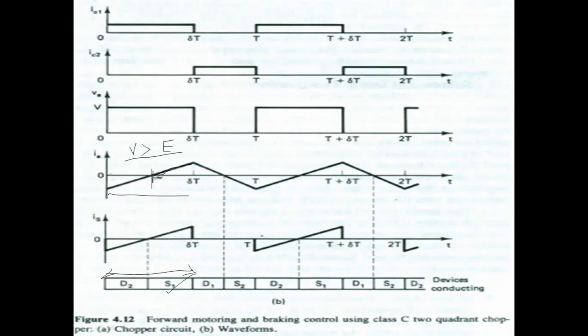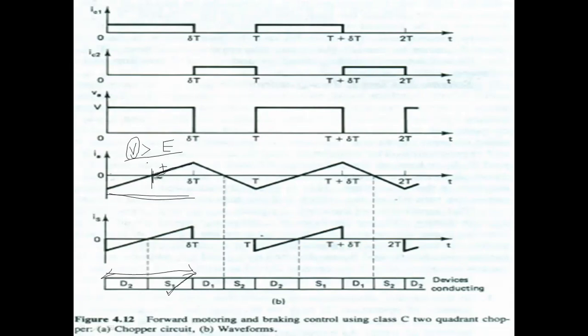From here to here, 0 to delta T, the motor will be connected to the source V through S1 or D2. So if it is connected through S1 or D2, the voltage will be greater than E. So IA will be positive here, as the voltage is greater than E.